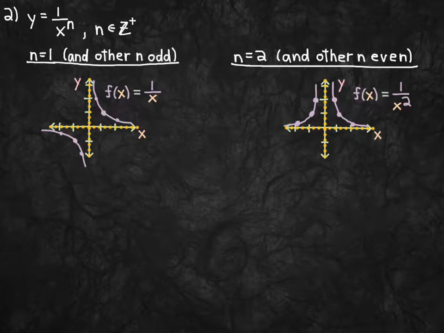Okay, 1 over x squared. So here we have an even index on the denominator. And we call these branches, the two branches, right? They both go up.